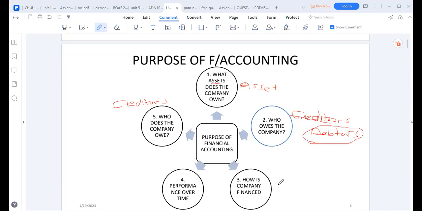To also establish how this company is financed, maybe by shares. It is a limited company. It also establishes the performance of the company, where we're going to establish our ratios to see whether we are progressing or not. And finally, who the company owes. So we're going to look at our creditors.